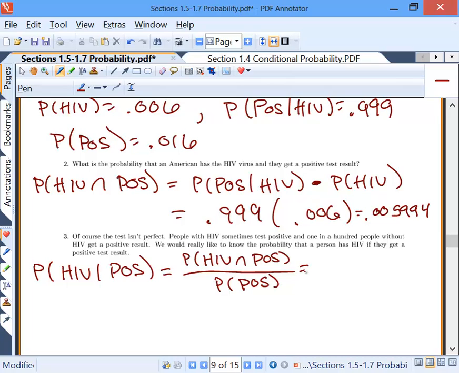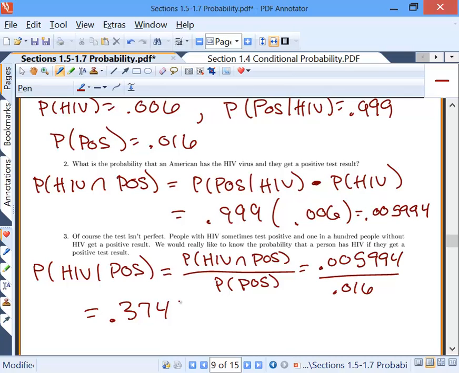And we just found the intersection up above. And the probability of positive is 0.016. And it gives me 0.374.